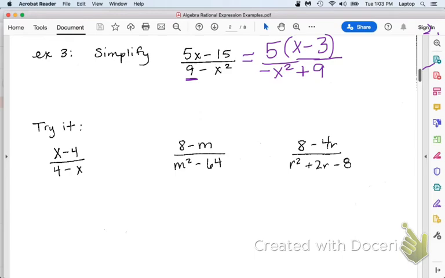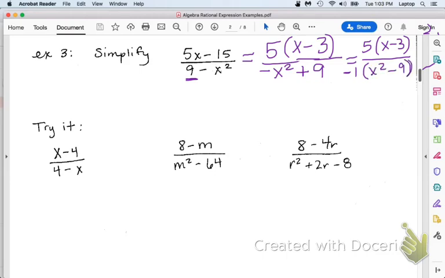Looking at the denominator, I guess you can look at it as a difference of two squares, but I like to have the variable term first. And I noticed that with this plus sign, it's not a difference of two squares. We don't like a leading negative coefficient, so we can factor out a negative 1. So I keep my numerator as x minus 3. If I factor out a negative 1, I would get x squared minus 9.